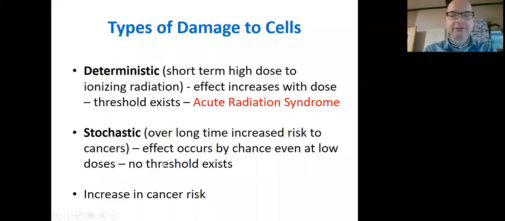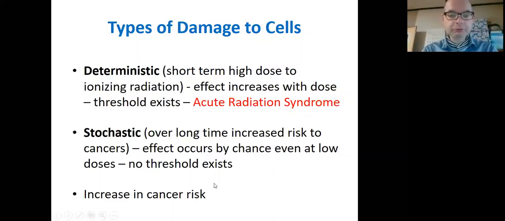And the stochastic effect is an increased risk of cancers over a long time. This is more a probabilistic effect over a population. Over a population, you can kind of predict that you would get so many cancer deaths if the population had so much total accumulated dose.